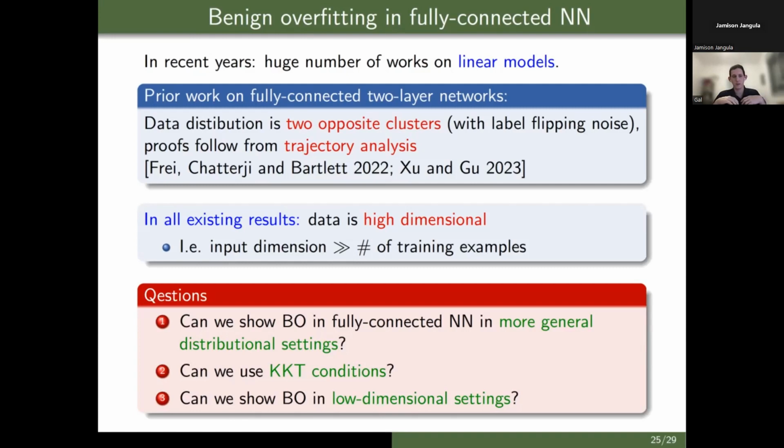The second question is whether instead of analyzing the trajectory of gradient descent, we can prove benign overfitting in nonlinear networks using the KKT conditions of the max margin problem, which we discussed in the previous part. And third, is it possible to show benign overfitting also in settings which are not high dimensional? I will start with the first two questions.